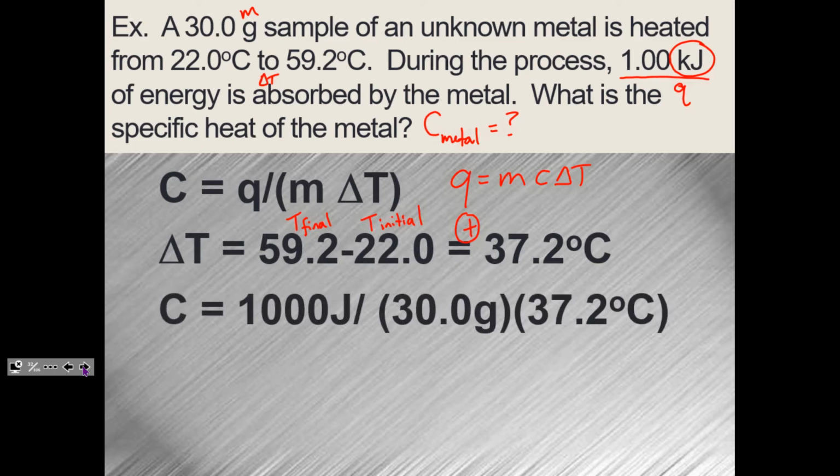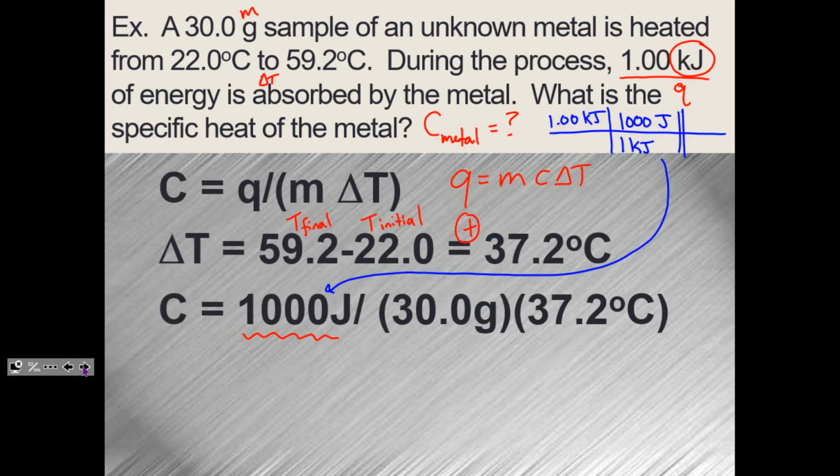So when we plug in 1,000 joules, so I'm going to show that up here, 1.00 kilojoules, we need joules. So for every 1 kilojoule, there's 1,000 regular joules. And that's what I plugged in down here. My mass is 30 grams. My delta T, I had to calculate, is 37.2. When I solve, I get 0.896 joules per gram degree Celsius.